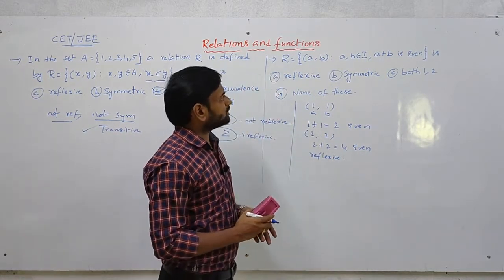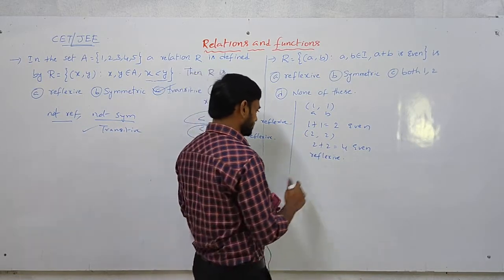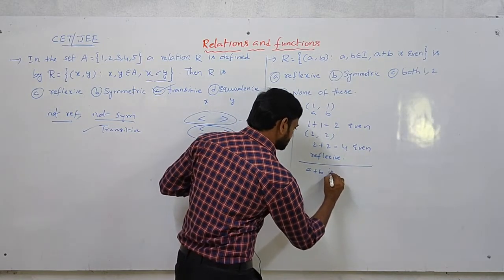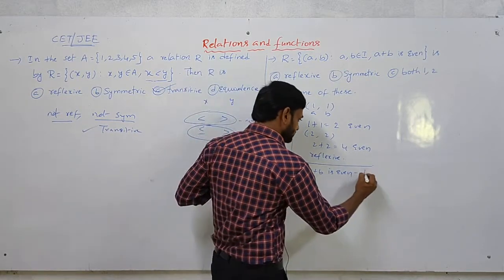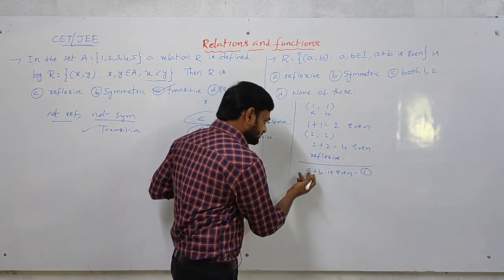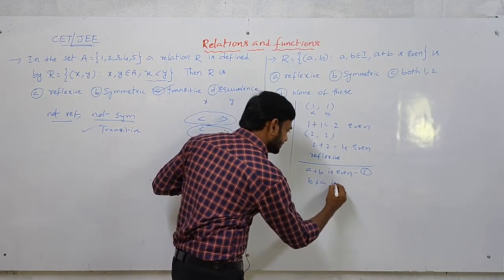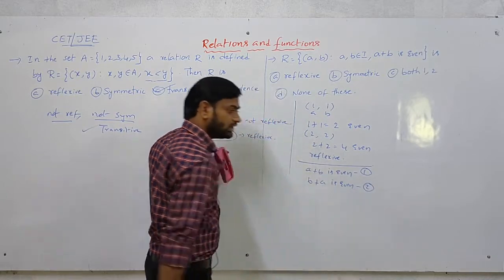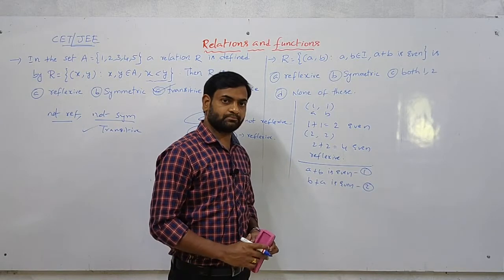Next, what about symmetric? See here, a simple thing. A plus B is even. In the equation, in place of A I put B, and in place of B I put A. B plus A is even. Are both the same or different? Both are the same.